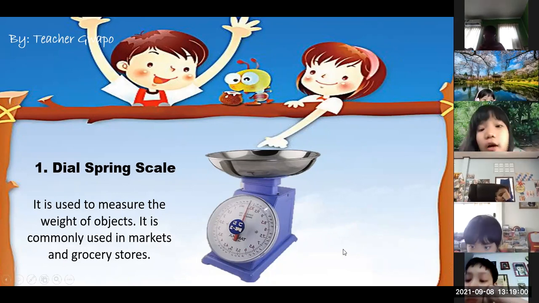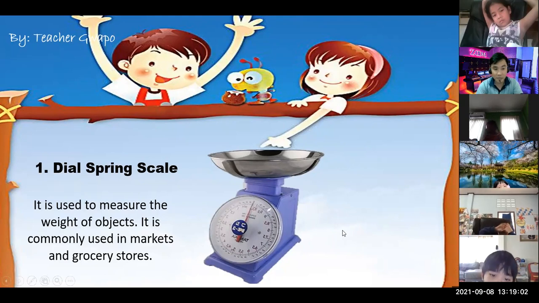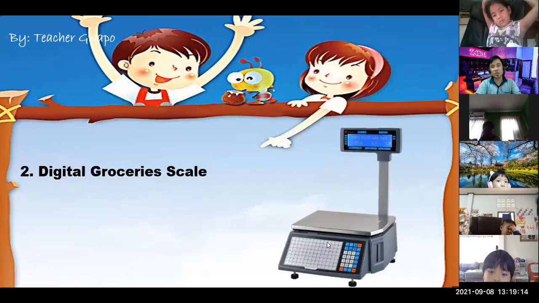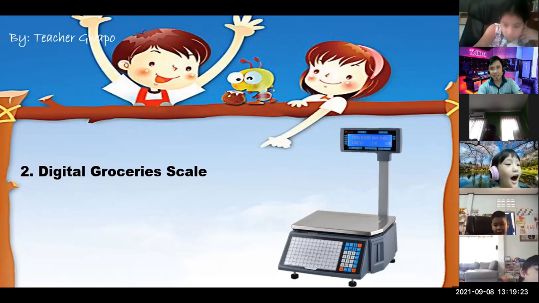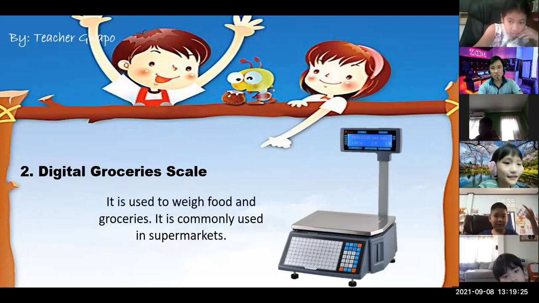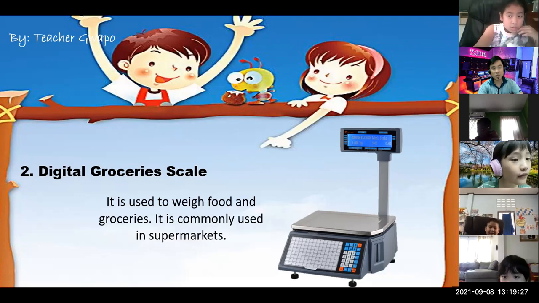Now, number two, don't forget, this spring scale is used to measure the weight of objects, and it is commonly used in markets and grocery stores. Number two, what is this? Digital grocery scales. It is used to weigh food and groceries.